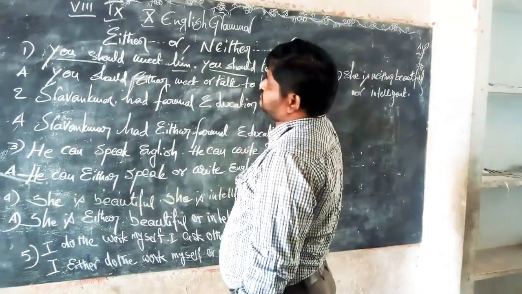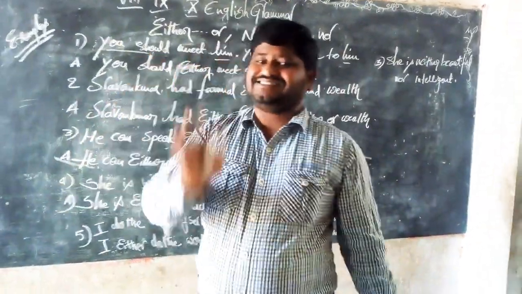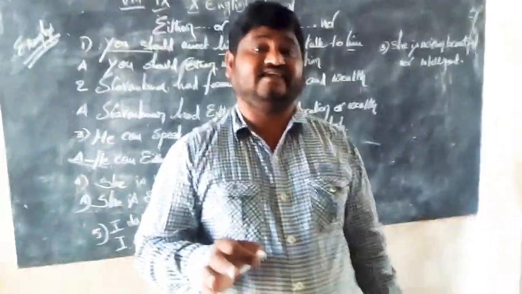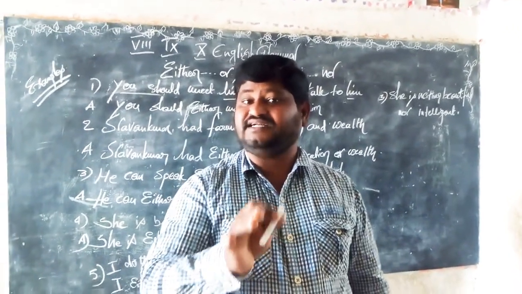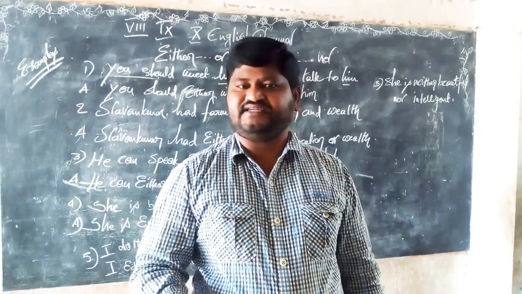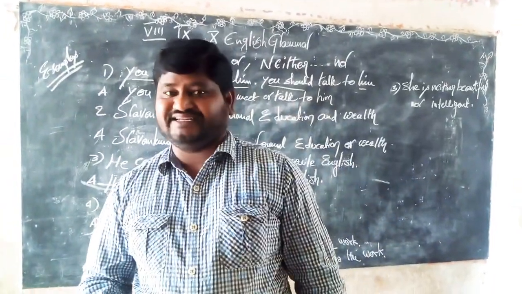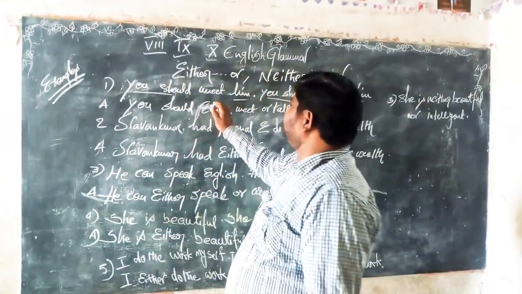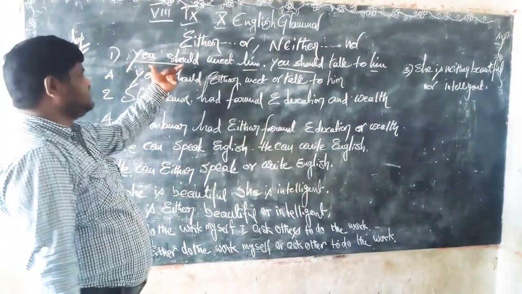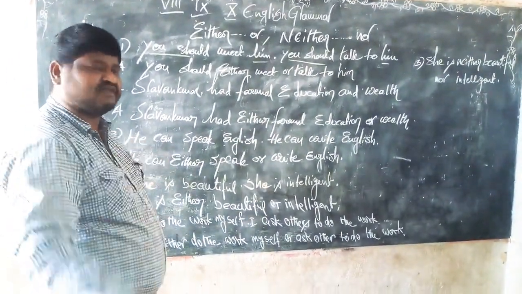Friends, as I already told you in this video, in the sentence in the examination paper, first you need to identify similar words and different words. That is the first point. The second point is either or is for a positive sentence, and neither nor is for a negative sentence. Friends, here this is either or. In the sentences, what are the different words or similar words?